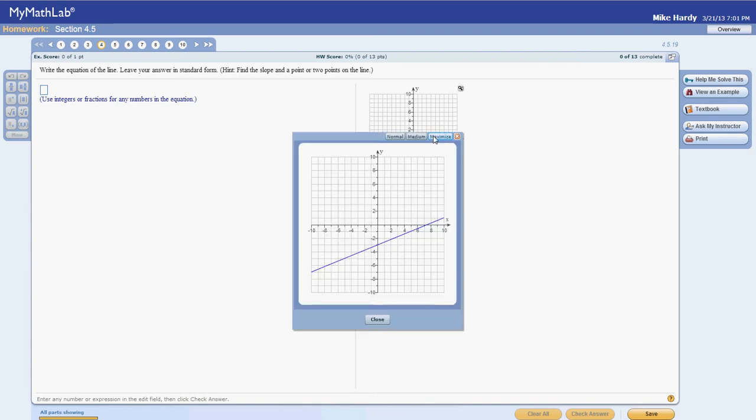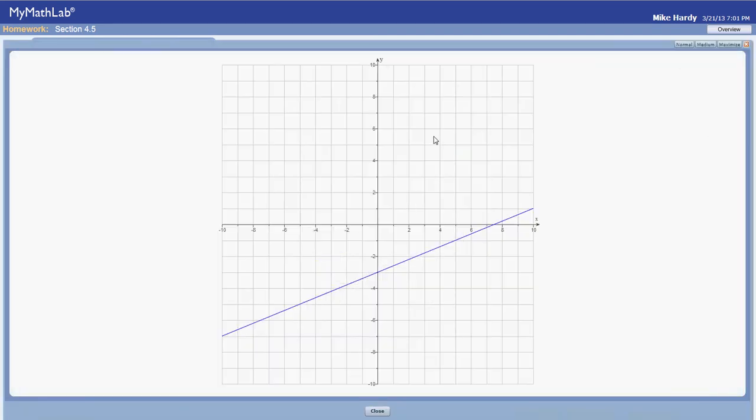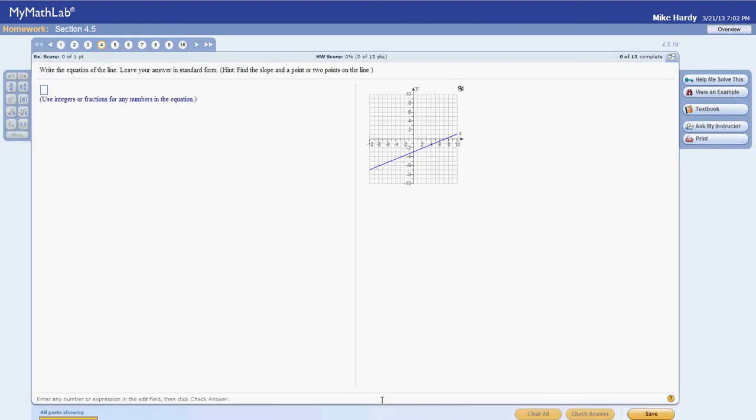So here's our line graphed. To find its equation, it would be helpful to have a point and a slope on the line. Well, the first point that really strikes me as very straightforward is this y-intercept down here. It's clearly located at (0, -3).